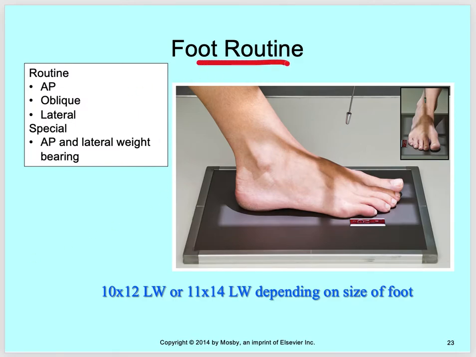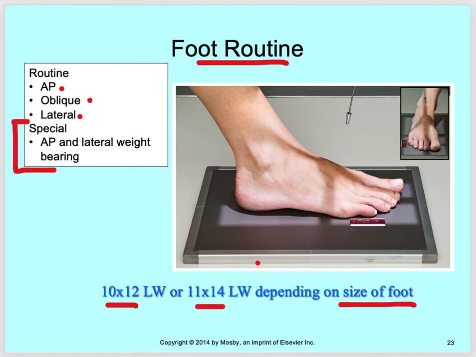So, your foot routine. Routine's going to be an AP, oblique, and a lateral, and then there's special images, which are the AP and lateral weight bearing. So keep in mind you may use a 10 by 12 or 11 by 14. It's all dependent on the size of the foot.